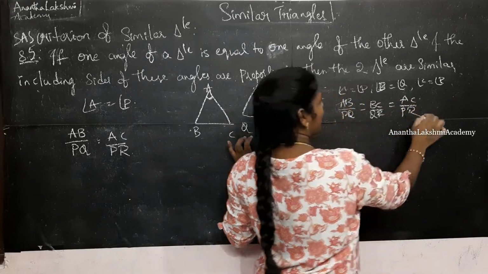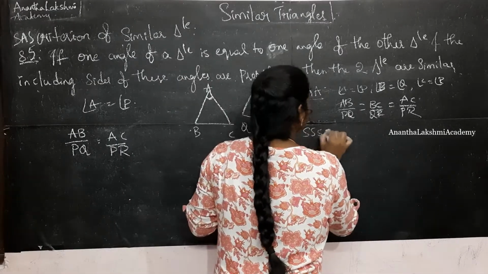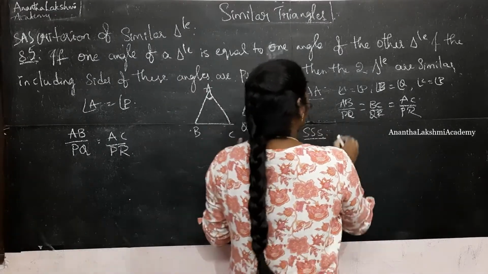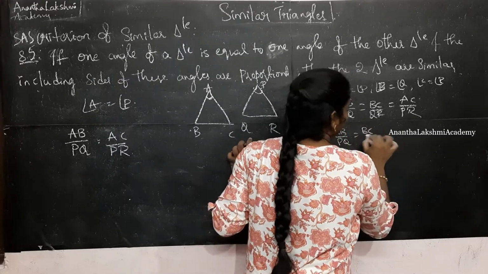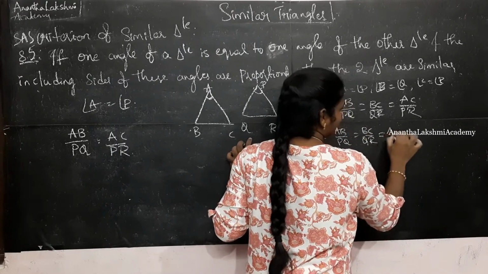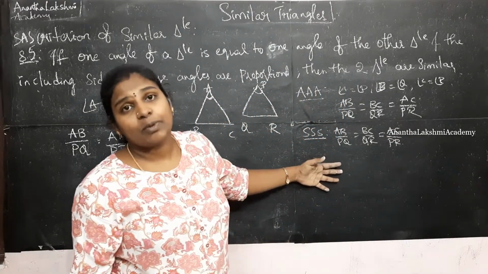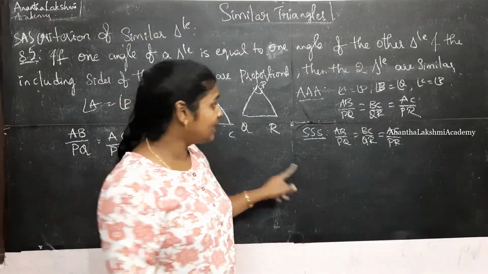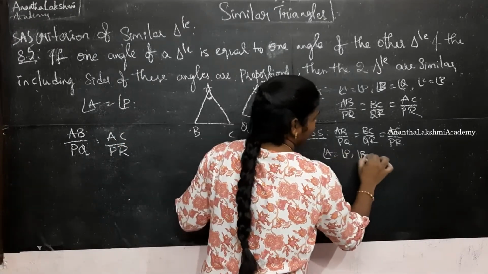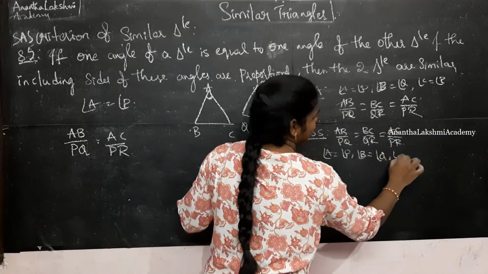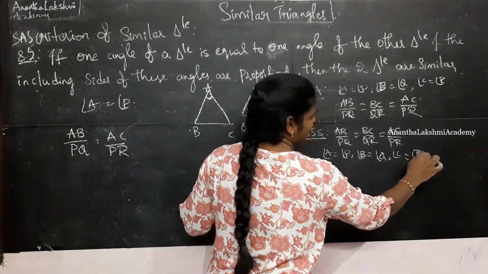That's what we spoke about in AAA, isn't it? With the sides, what was given for us? When AB by PQ is equal to BC by QR is equal to AC by PR, when the sides of one triangle are proportional to the sides of the other triangle, then the corresponding angles are equal. This is the converse of the angles theorem, nothing but the SSS theorem.